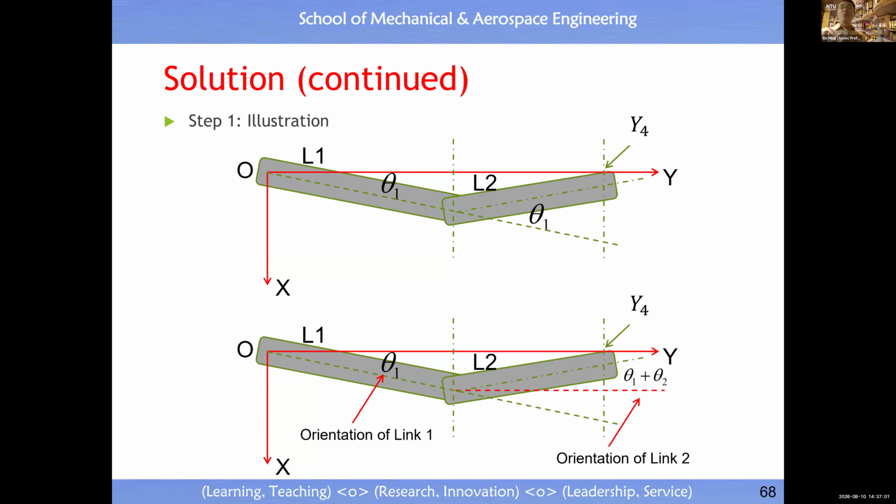Then what is the absolute orientation of L2? The answer is theta 1 plus theta 2. Theta 1 plus theta 2 is the absolute orientation of L2 with respect to the world coordinate system. You will study this in the second part of this course.